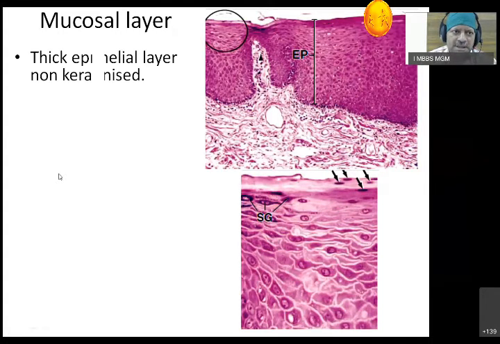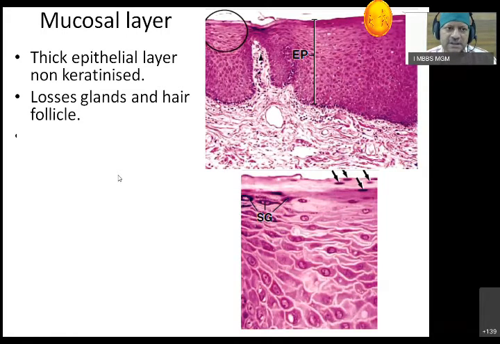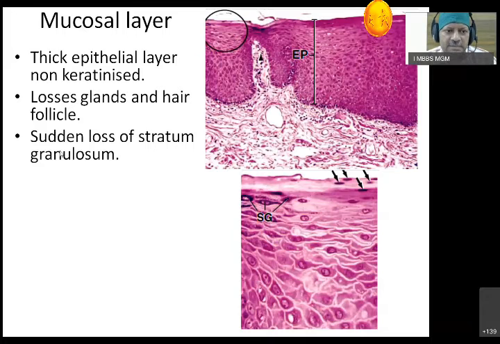This is a thick layer of non-keratinized epithelium, and because the stratum granulosum disappears, keratinization does not go ahead. Loss of glands and hair follicles and sudden loss of stratum granulosum is the indication that it is the mucosa.